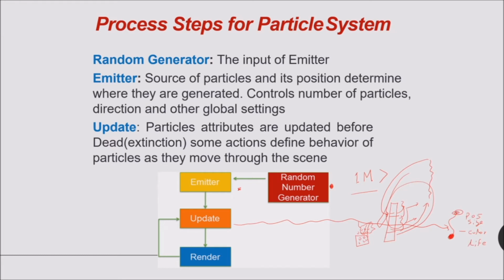Maybe I'll make it bigger and change its color to something else, right? And now it has this shape instead of this shape, and so on. So I'm going to change my position, size, color, and the lifetime also. You're going to update those values. So this is where the updater comes in. This is what it does. You update everything in there.